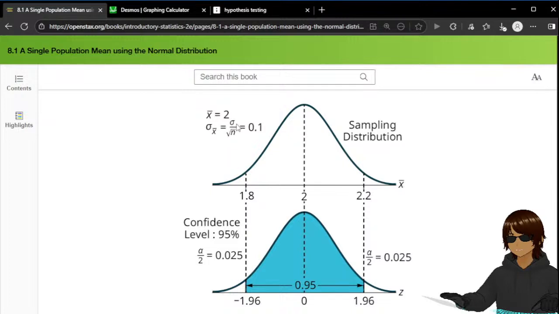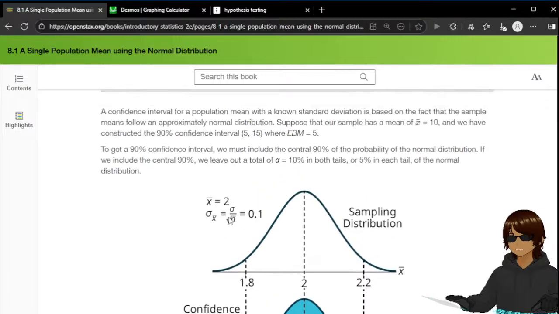Okay, this here is the sample mean, sorry, sample standard deviation.